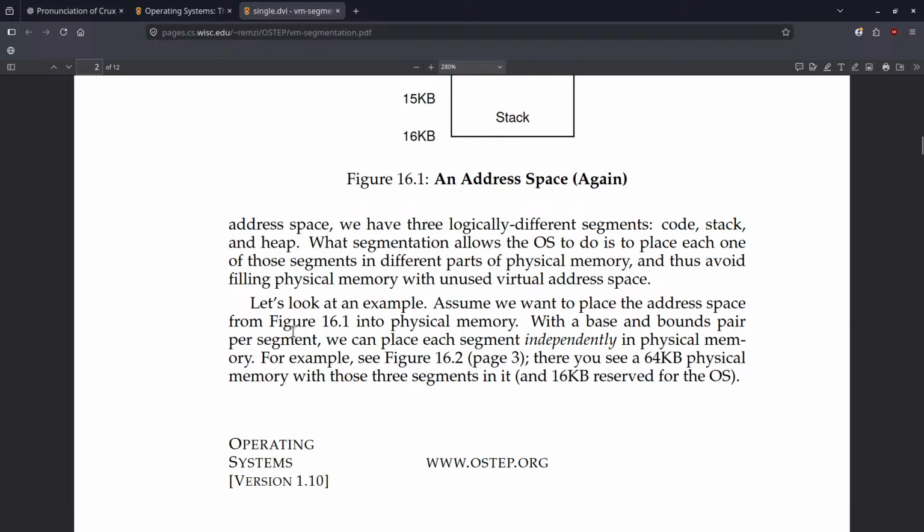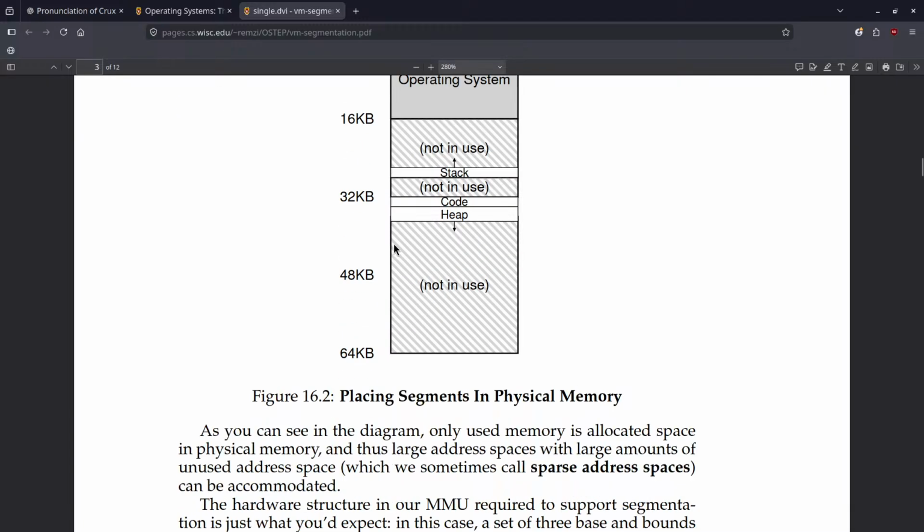Assume we want to place the address space from figure 16.1 into physical memory. With a base and bounds pair per segment, we can place each segment independently in physical memory. For example, there you see 64 kilobytes of physical memory with those three segments and 16 kilobytes reserved for the operating system.